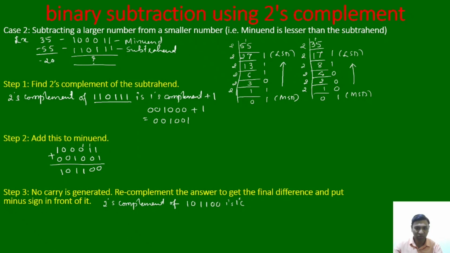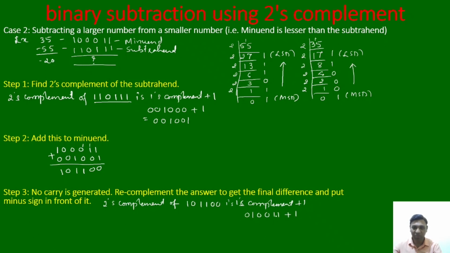Here I'm going to write the 1's complement plus 1. So 1's complement means what? Convert bit 0 to 1, 1 to 0. So here I'm going to write 0 1 0 0 1 1 plus 1.